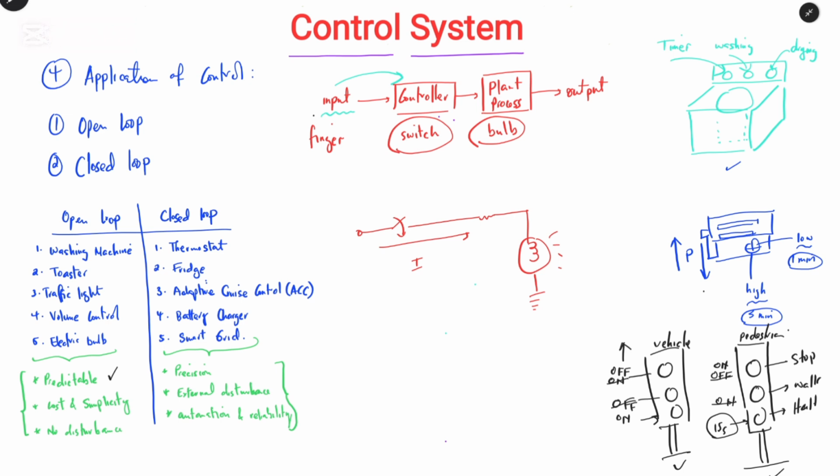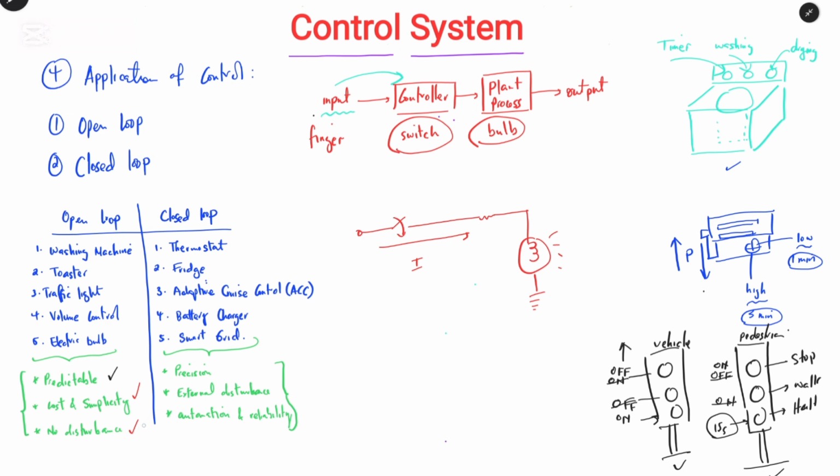So this is just a simple, the simplest example, which describes the open loop. That means it achieves predictability. That means we predict that by switching the switch to a closed position, the bulb will light. When we open the switch, then the light bulb will be turned off. So it talks about simplicity and being cost effective, and it does not care about the disturbance.